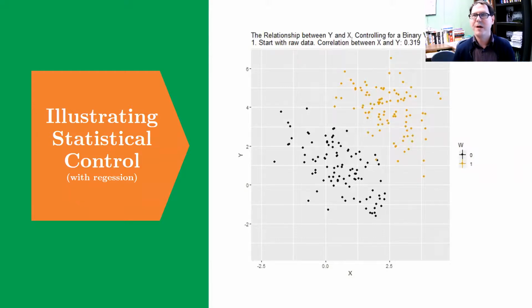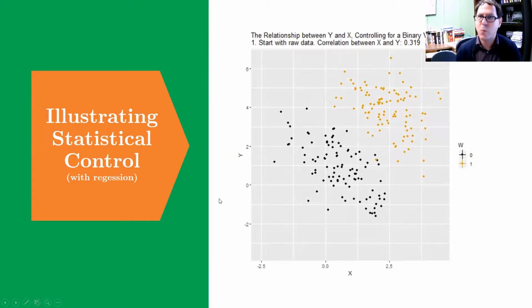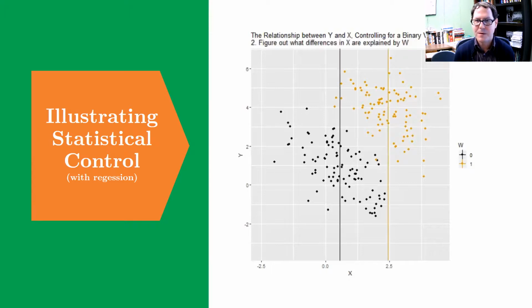The orange group is higher on average. The other group, the black dots, is lower on average. And so once I control for that, what I find is that the pattern is actually negative. And so I'll try to play this video in a way that illustrates what we'll be trying to do when we think about regression.